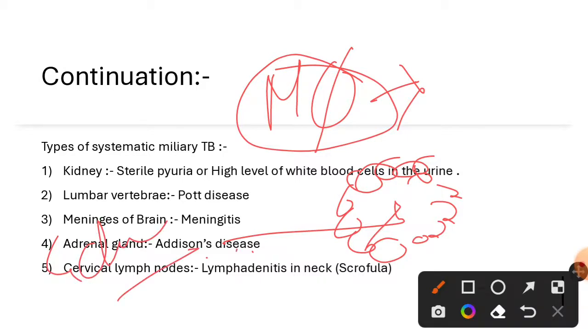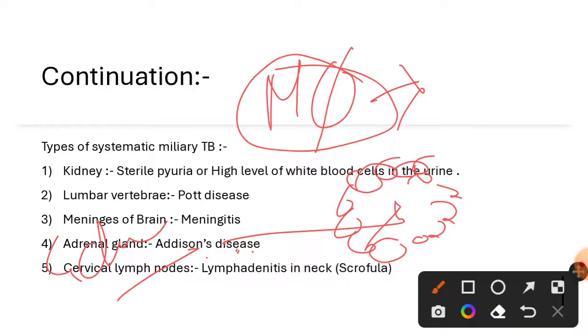Now TB can get into the hilar lymph node, either through immune cells via lymph, or by direct extension of the Ghon focus. In the hilar lymph node they undergo caseation.